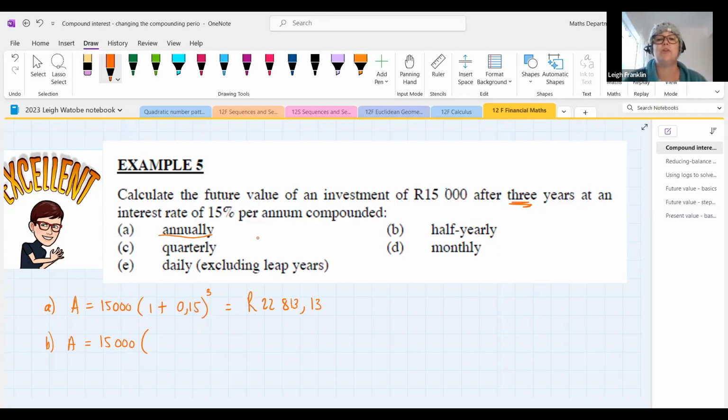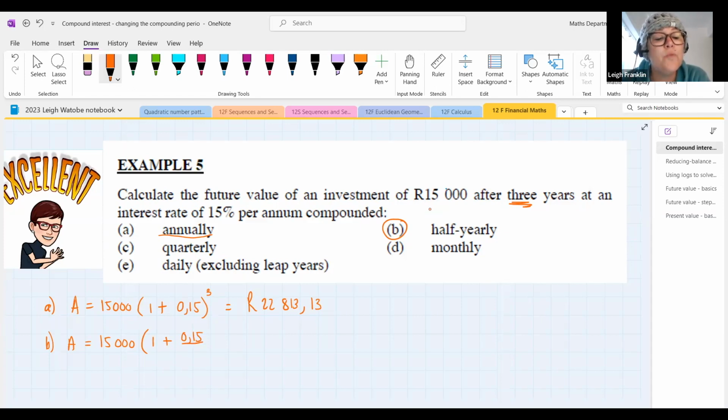Brilliant. Perfect. So now let's have a look at what happens for part B, where it is compounded half yearly. That means that it is compounded twice a year. This is what we do, right? We say 1 plus 0.15.